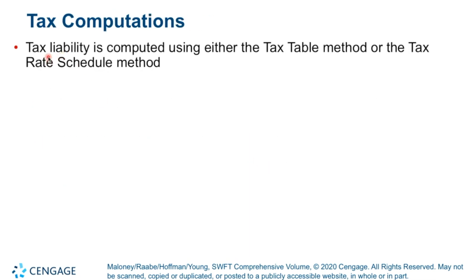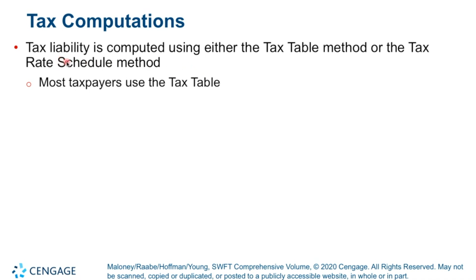So tax computations. Tax liability is computed under two methods. There's the tax table method or the tax rate schedule method. Now, anyone under $100,000 uses the tax table method, and so there's $50 ranges into which your taxable income falls, and you'll choose the amount based on your filing status.